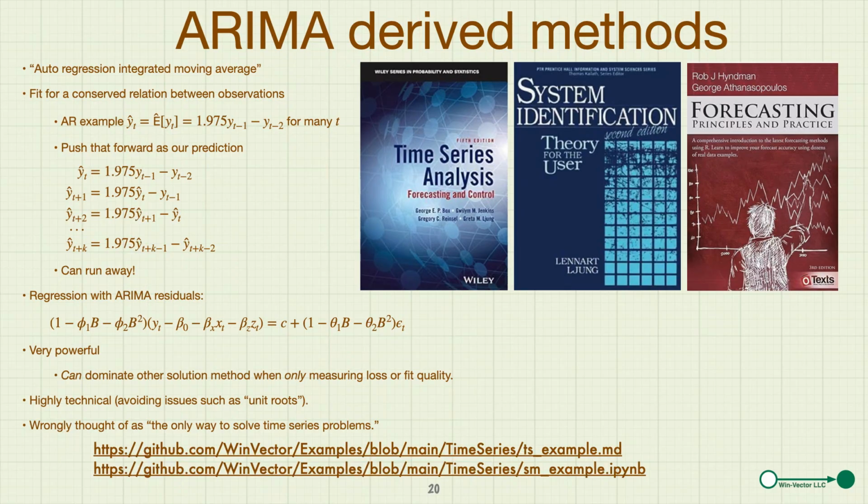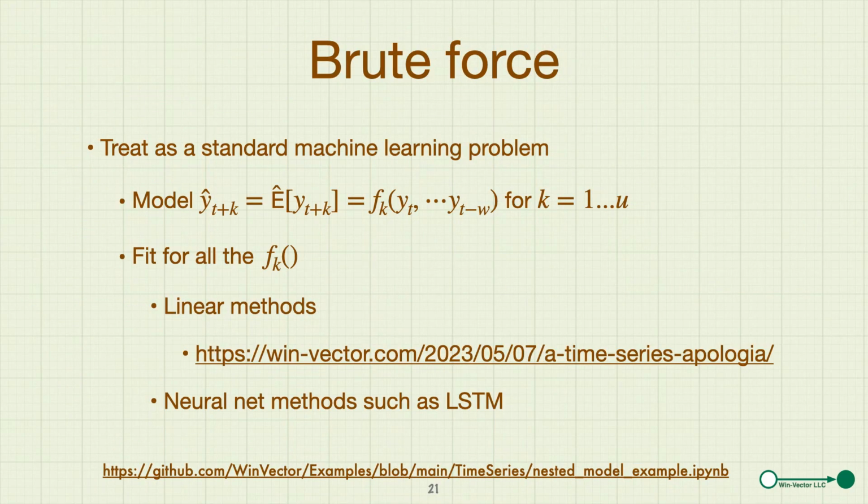The next set of methods are brute force methods. And I actually rather like these, and some of these are used by the neural net and deep learning community. But you just say, if y is the quantity we're trying to predict, then y at time t plus k, t being now, k being k ticks out, our estimate of it could just be a function of a few y's. So we're basically not treating time as a special variable anymore. In particular, in ARIMA, a 2 time tick out prediction is a 1 time tick out prediction applied twice.